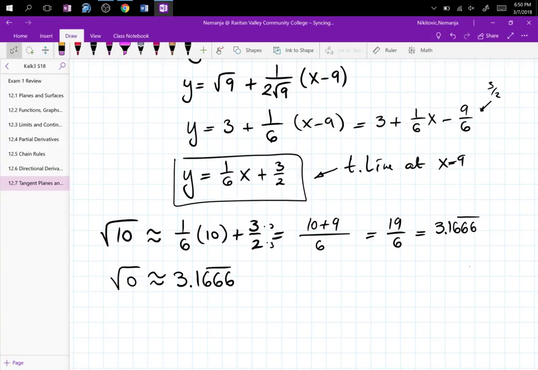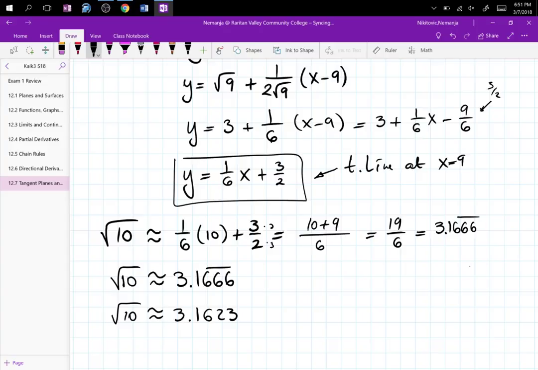So that's that. What I actually want to do is compute the square root of 10 and see what the actual value is. So let me just get the abacus going. There we go. So the square root of 10 approximated by a calculator is 3.162223.